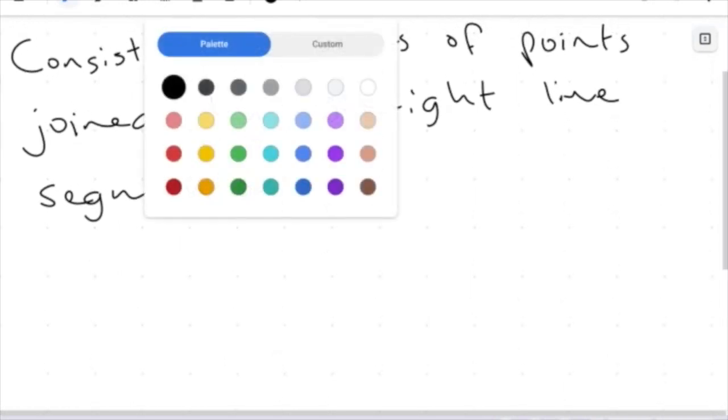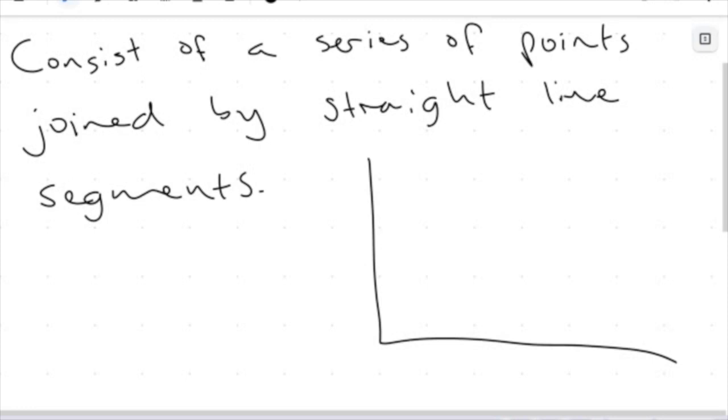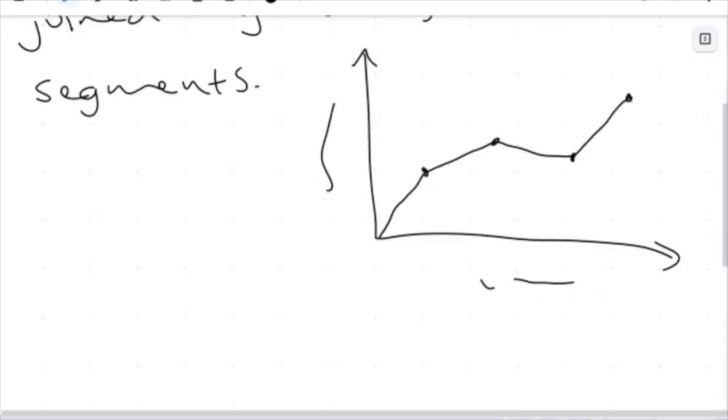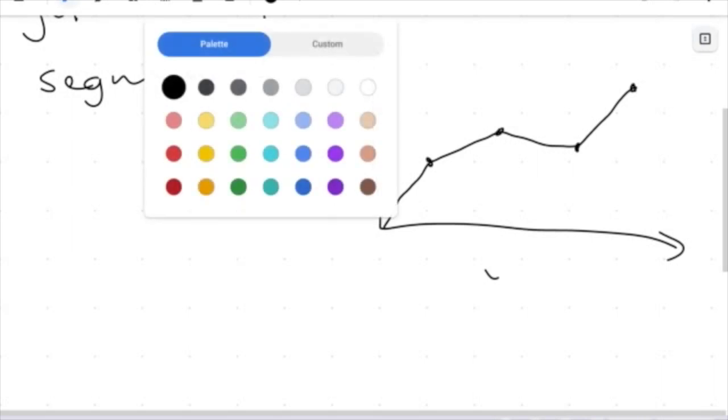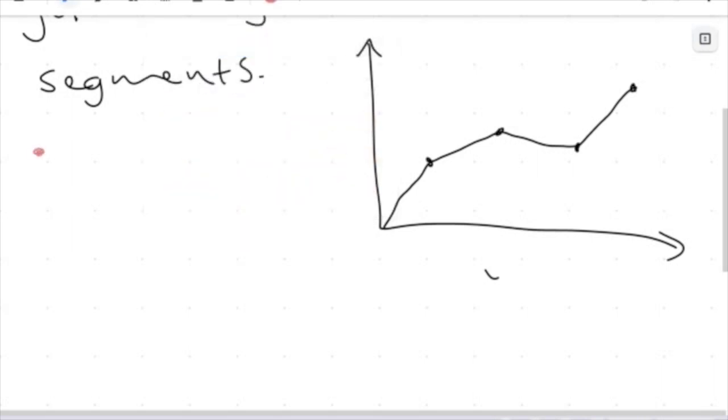Well, with these graphs, we have a few points, and we are just joining these points together. We have two axes with different pieces of information being given to us. One important condition for a line graph, something that we actually require when we draw one, concerns these two axes.